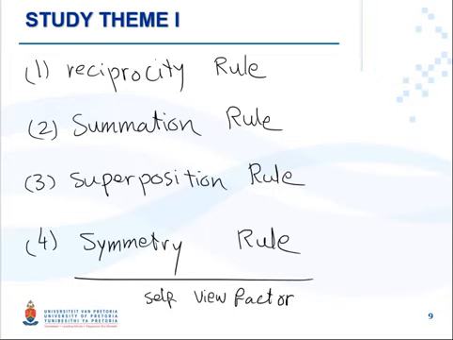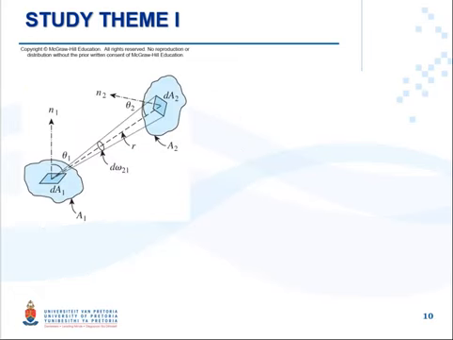So, but first let me find some kind of general expression for a view factor in terms of differential areas, and after that we can try to prove the reciprocity rule. Okay. Look at this picture.